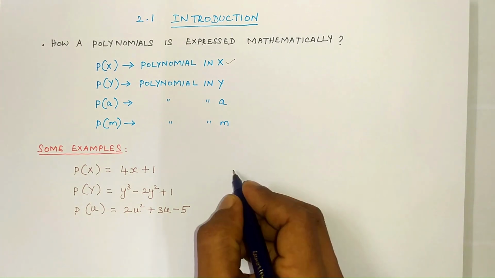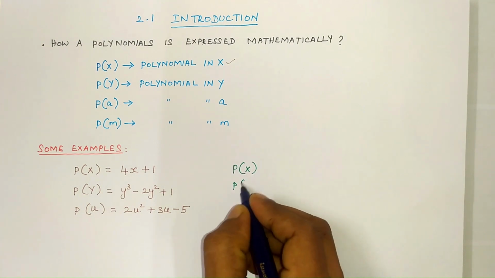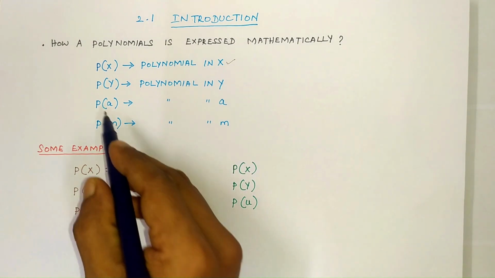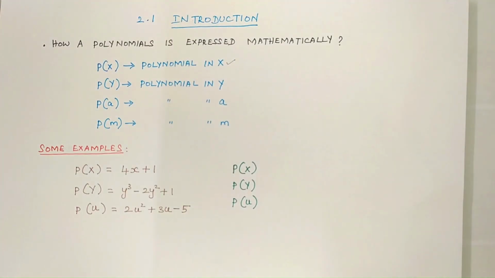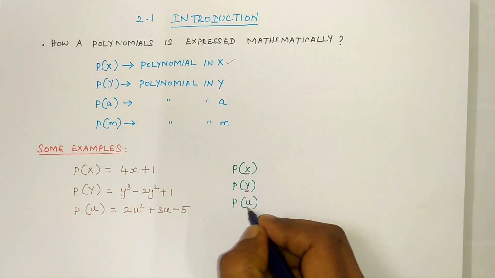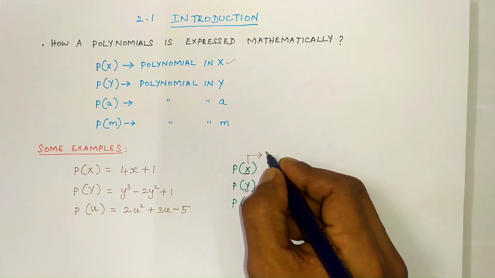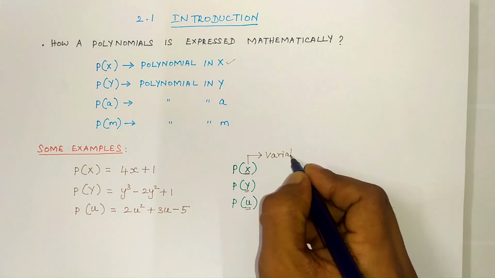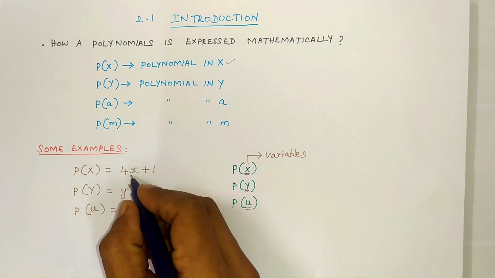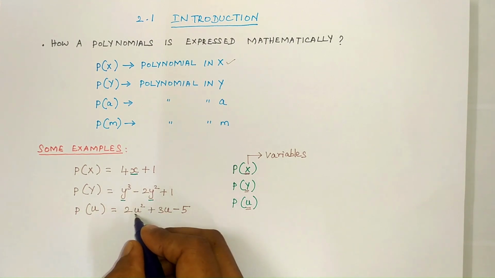In p of x, p of y, p of u, or p of a, p of m, and so on, the things inside the brackets are called the variables. So this x is a variable, y is a variable, u is a variable.